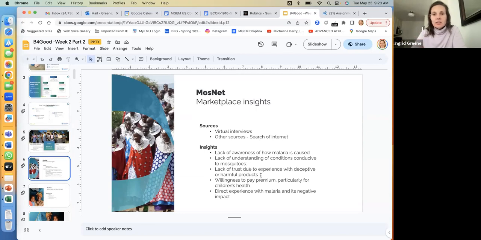There's a lack of trust due to experience with deceptive or harmful products. We've heard of that. We'll hear about that as well during your virtual interviews potentially, or maybe research. You can Google Nestle and their involvement in Africa. And unfortunately, they were at points somewhat deceptive. Willingness to pay the premium, particularly for children's health.